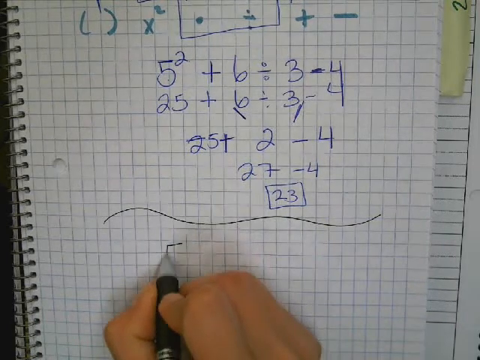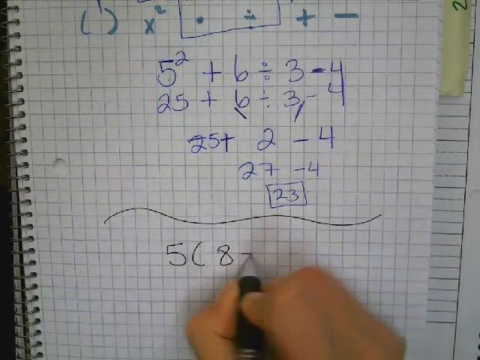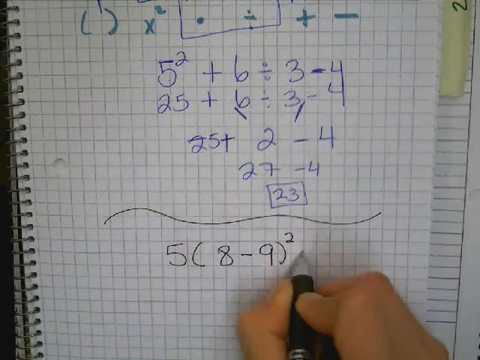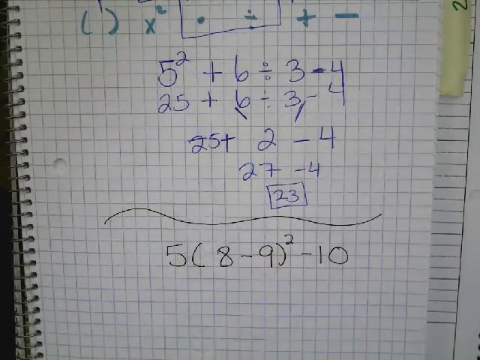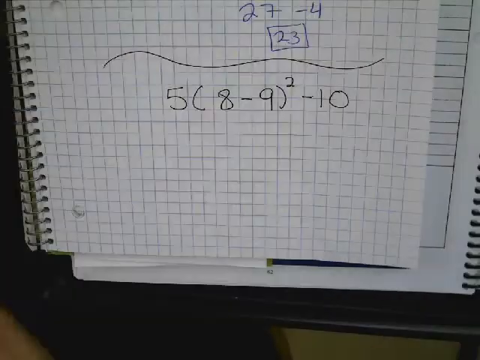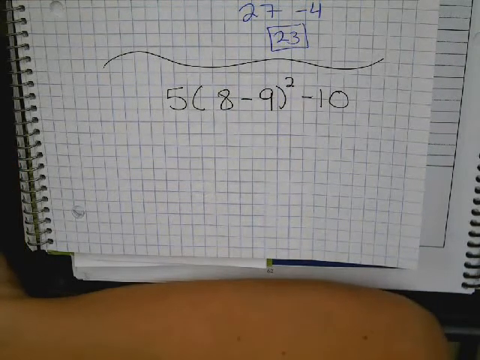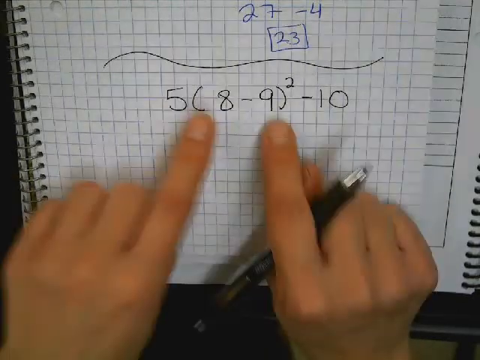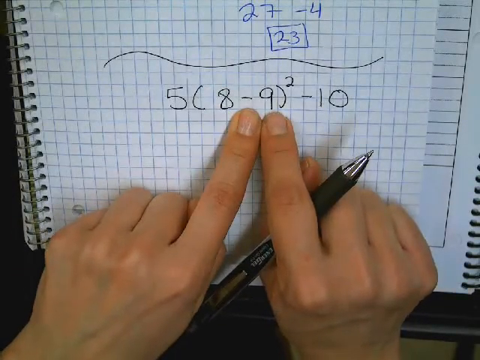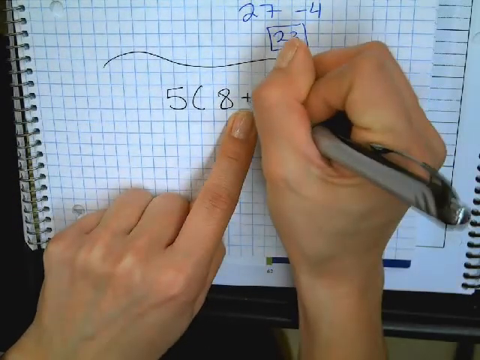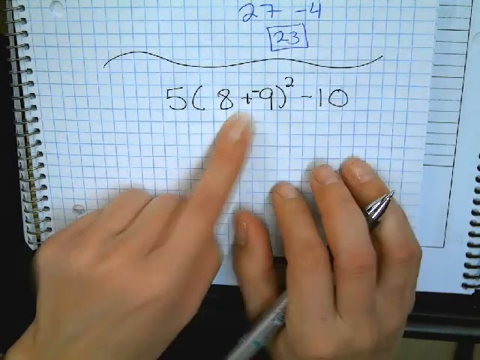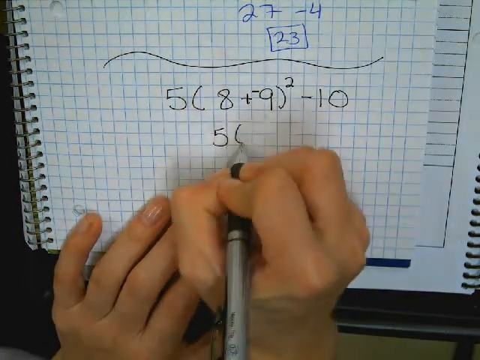Now, let's try this one. So what are you going to do first? Parentheses. All right. 8 minus 9. No. -1.